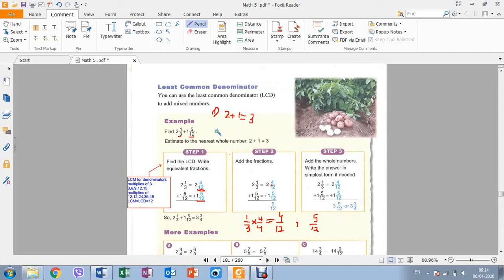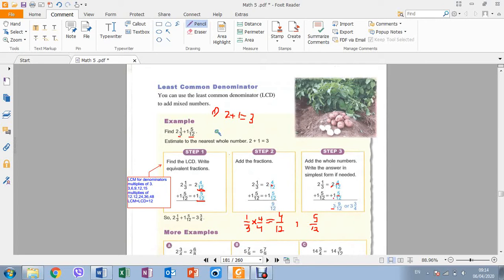And at first I told them we plus two mixed numbers. 2 plus 1 is what? 3. Denominator is 12, put down. 4 plus 5 is 9.